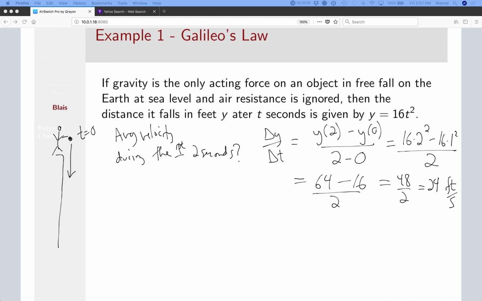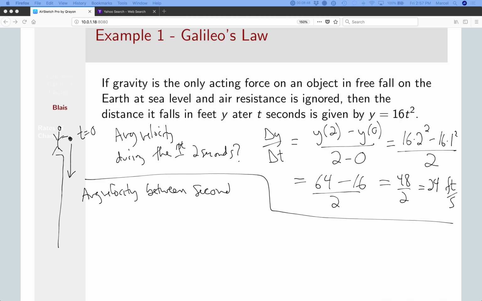If you wanted the average velocity between seconds 2 and 4, then we'd write that as, it would be very similar, except you would have the height at time 4 minus the height at time 2 over the difference in time, the delta t, or 4 minus 2.